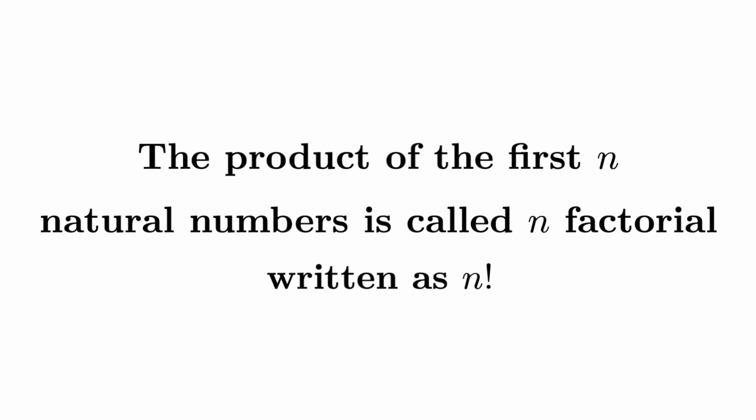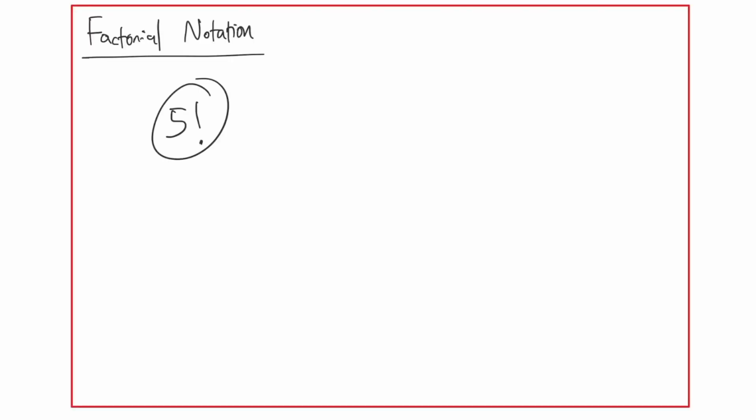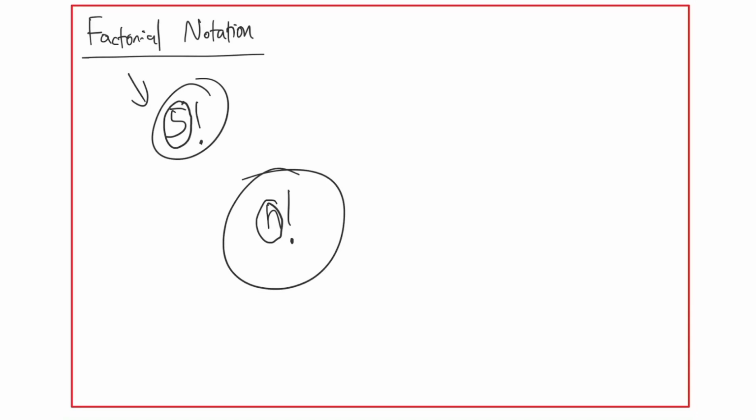The product of the first n natural numbers is called n factorial, and it's written like this. For instance, in the example I gave above, 5 is a natural number. Any number that belongs to the set of natural numbers, which consists of 1, 2, 3, 4, and so on.